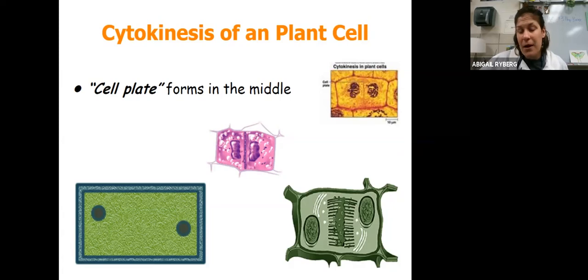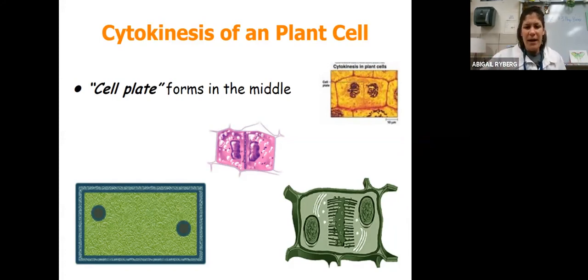What's happening in the middle is literally a cell wall just begins to grow in the middle, and it begins to grow further and further all the way out to the cell wall. Eventually, when the cell plate reaches both cell walls, cytokinesis has been completed.